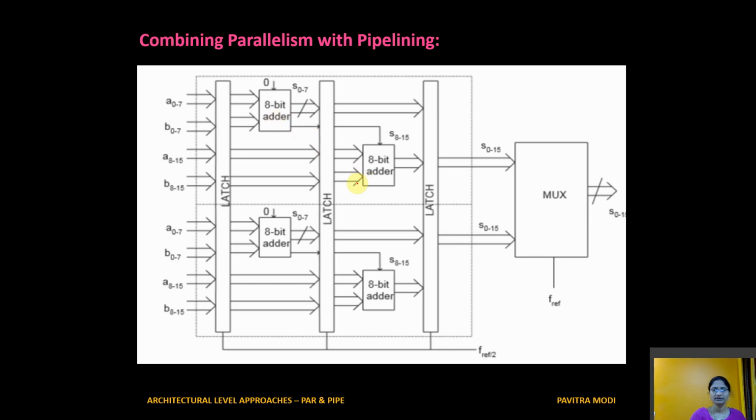Therefore, here we have an area increase of 2 times, and at the same time extra interconnections and extra latches, because of which it's going to be some 0.25 incremental value with respect to each 16-bit adder. That's why, counting for 2 16-bit adders, it's going to be 0.5 times with respect to extra latches and interconnections. Therefore, the total area increase is said to be 2.5 times.